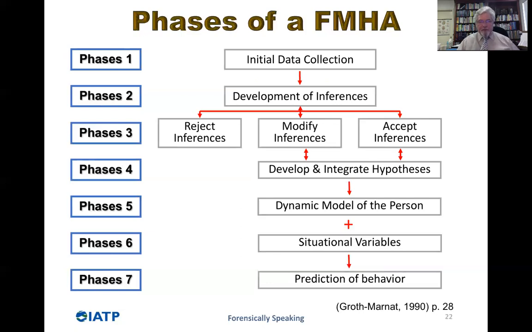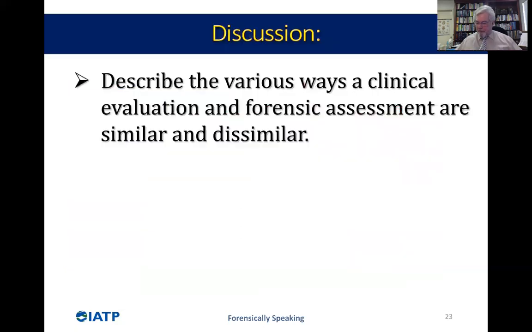So that gives you 7 phases in which you go from the initial question, gathering information, all the way to the end in which you have drawn conclusions and then have a predictability of behavior. So that is where we go there.